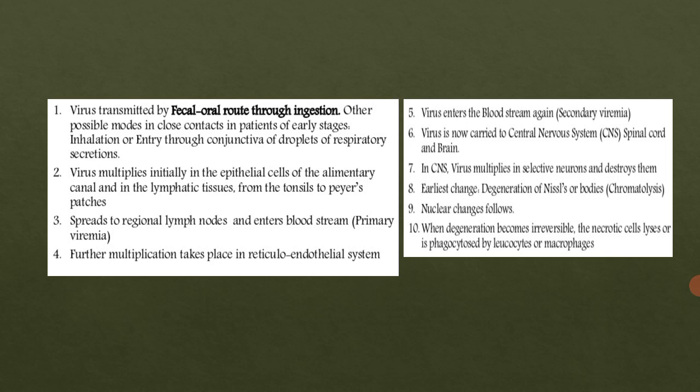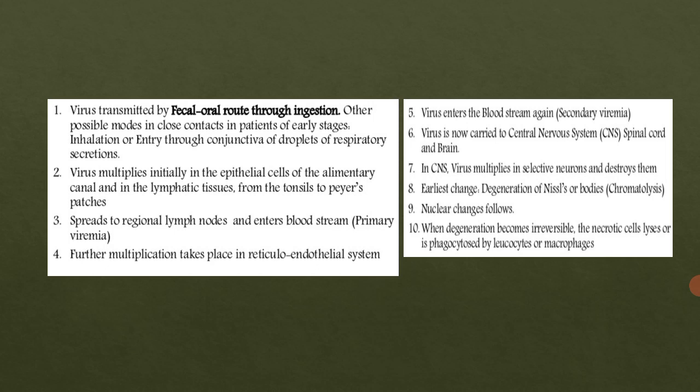Then in the lymphatic tissues from the tonsils to the Peyer's patches, and then it spreads to the regional lymph node and enters the bloodstream, therefore resulting in the primary viremia. You can refer to the previous slide again for the outline of this process.